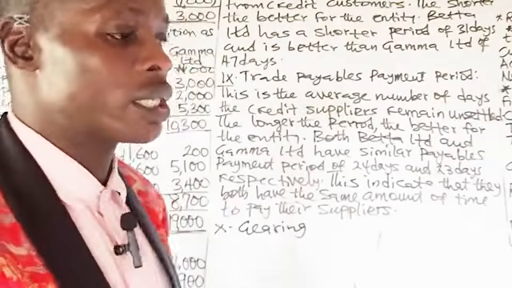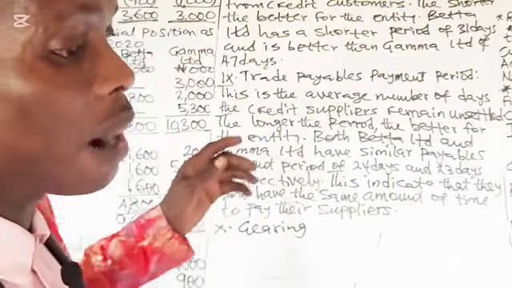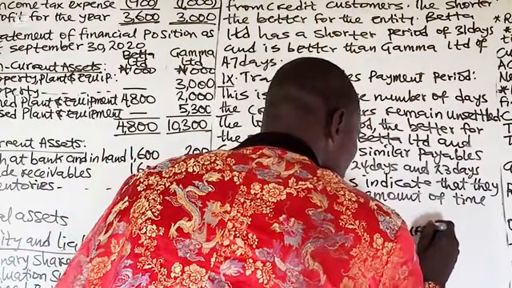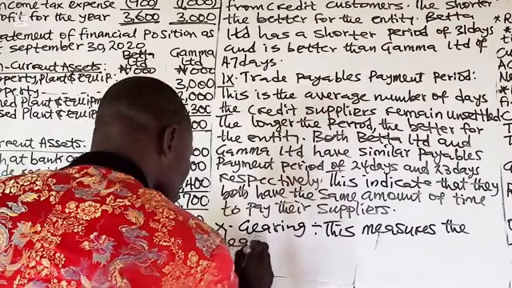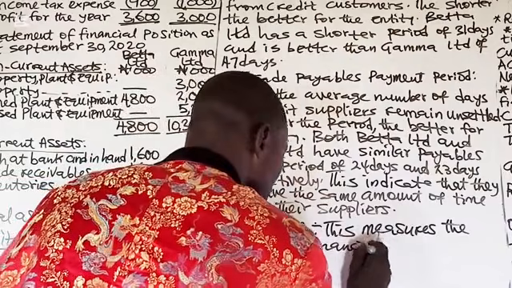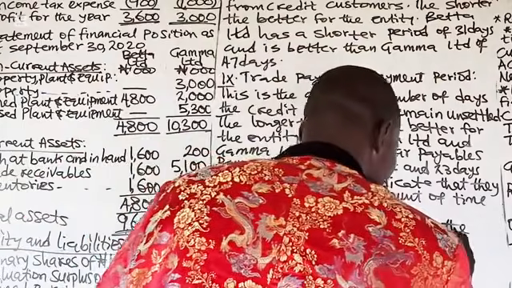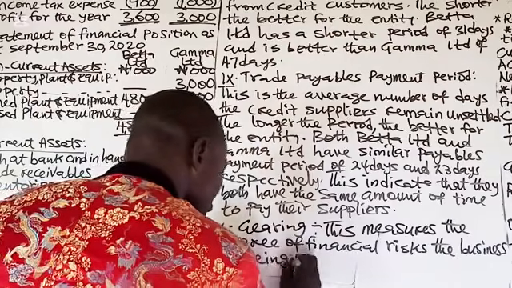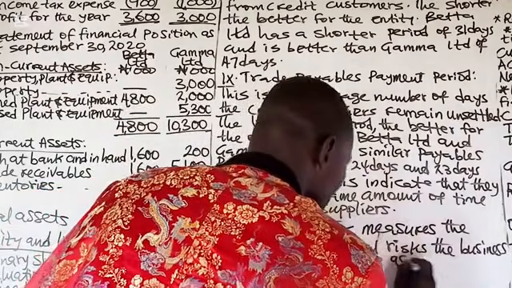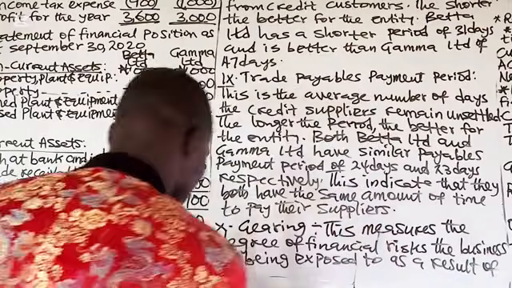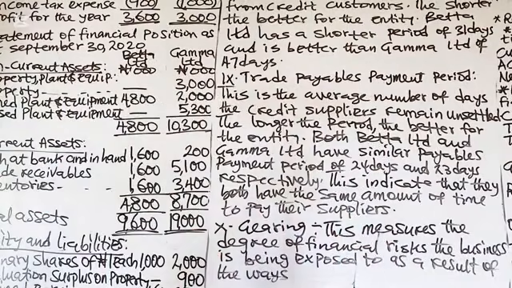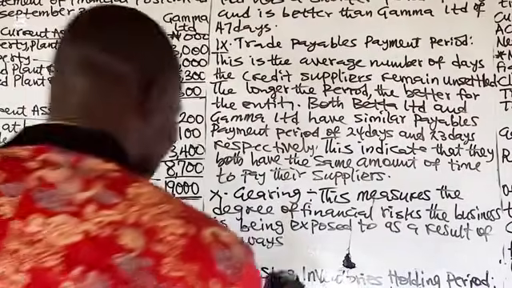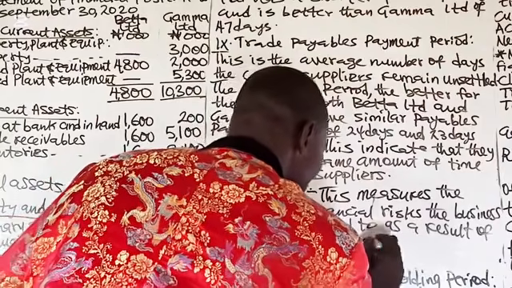Gearing measures the degree of financial risk the business is being exposed to as a result of how the business is financed.